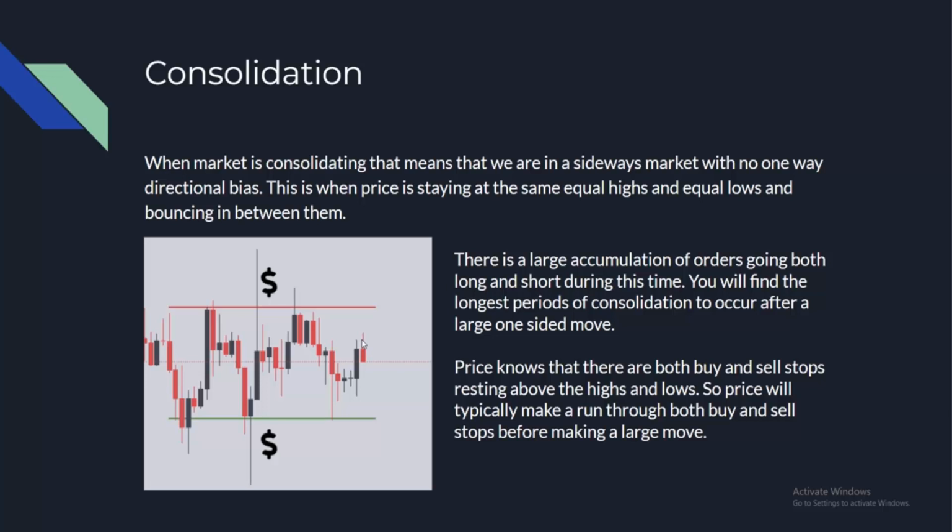What's happening during this time is that a bunch of orders going both long and short are accumulating. Under these relative equal lows, there's going to be a lot of protective stop losses from those going long, and there's going to be lots of limit orders going short if price broke below this.